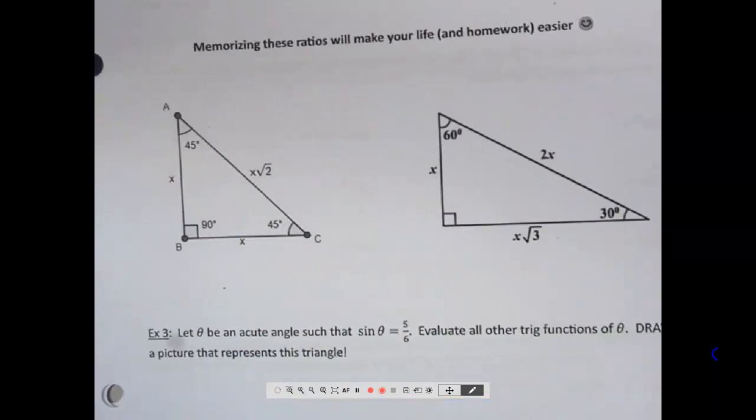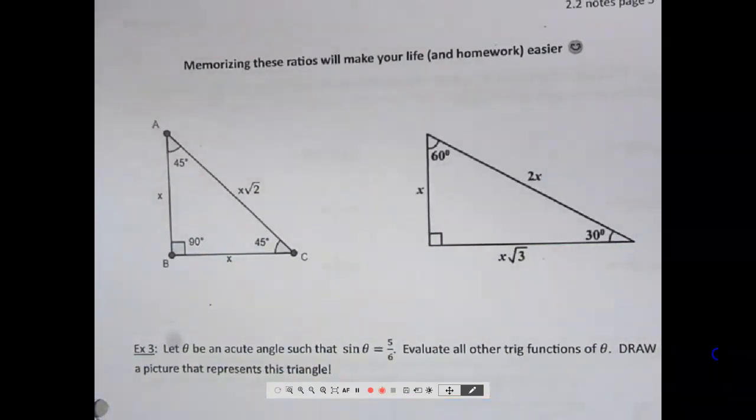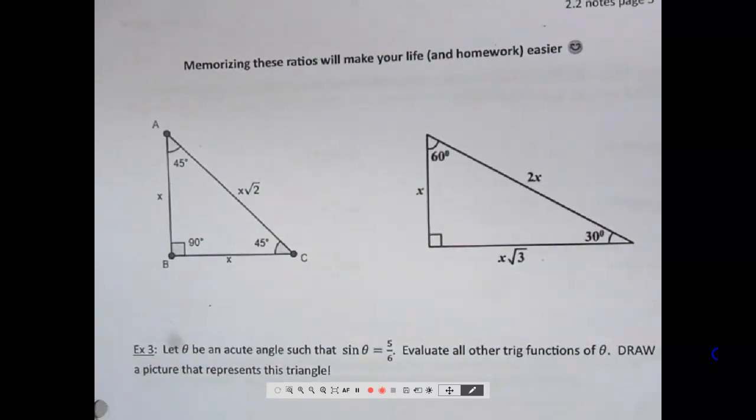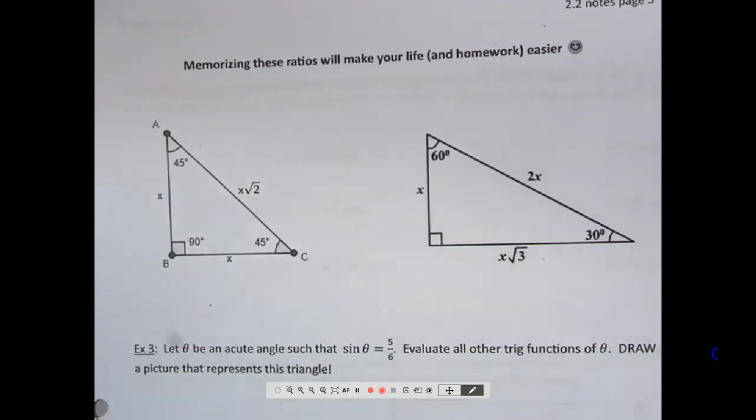Okay, so memorizing those ratios, you might have already figured out that that's what I want you to do, will make your life, your classwork, your tests, your quizzes, your homework much easier if you know them. Okay, so super quick, what's the reciprocal of cosine? Secant. What's the reciprocal of cotangent? Tangent. What's the reciprocal of sine? Cosecant. Okay.